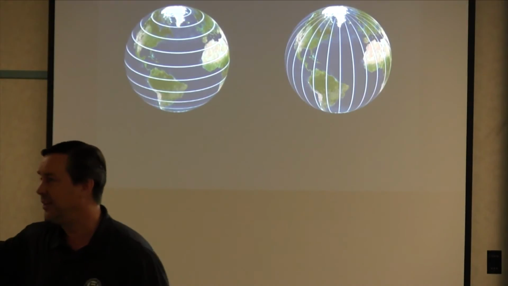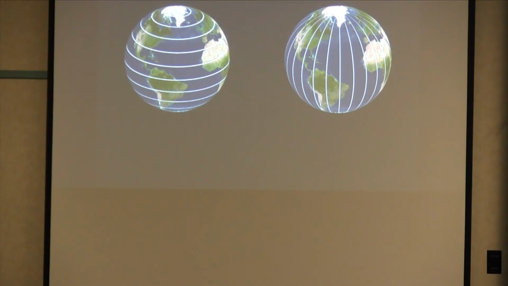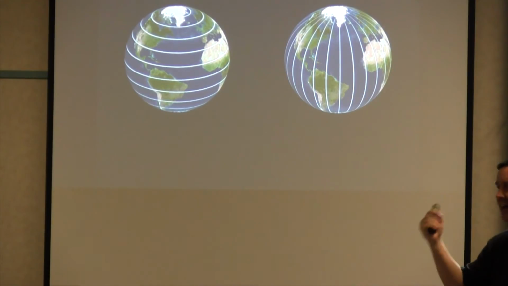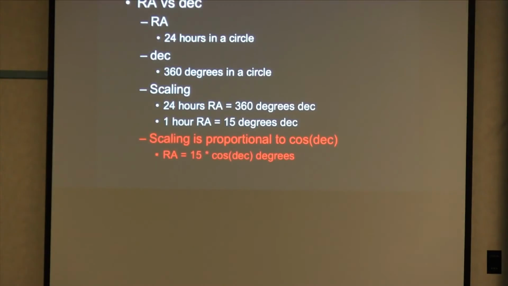Therefore, our scaling between right ascension and declination will also have to have a cosine factor in it, right? Because this scaling never changes, this scaling does change. So when we did our scaling, I forgot to tell you, I'm sorry, I'm just very forgetful this morning, that the scaling is proportional to the cosine of the declination.